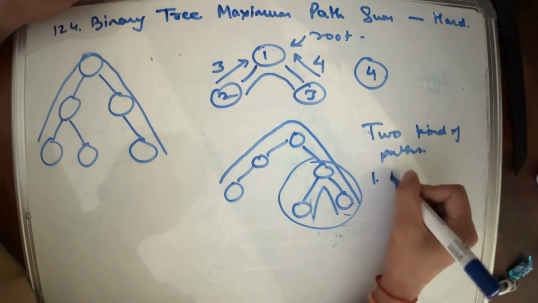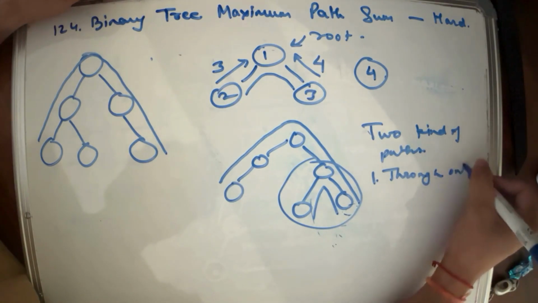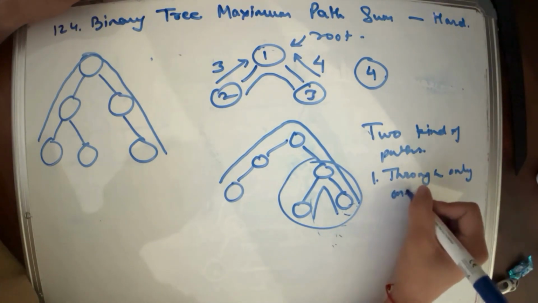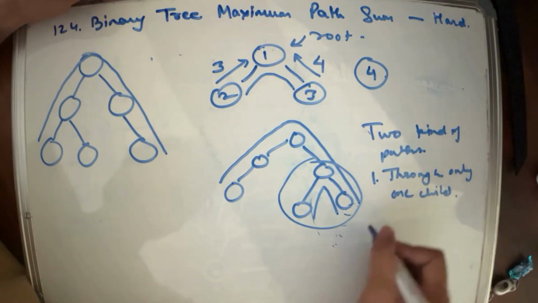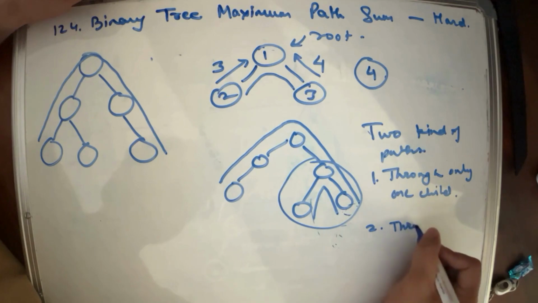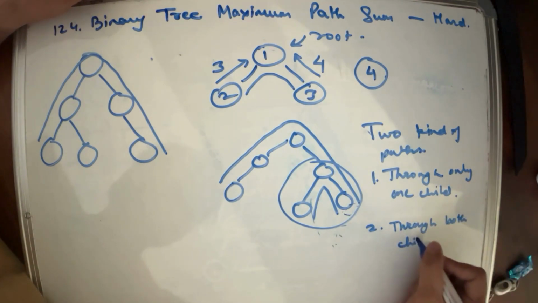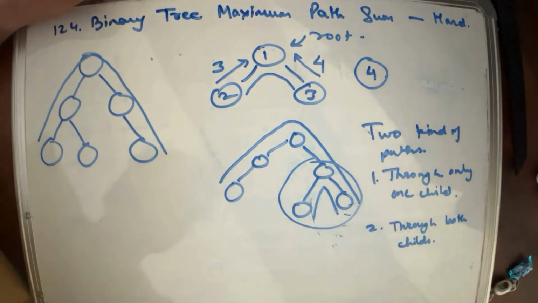The first is through only one child, and second through both children.